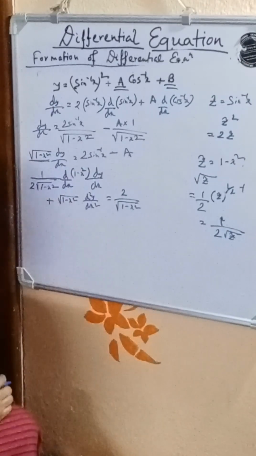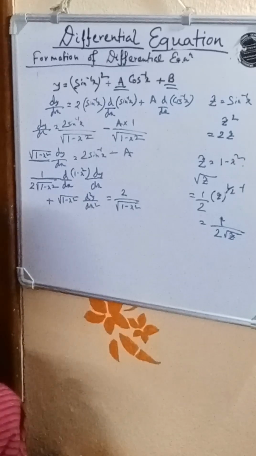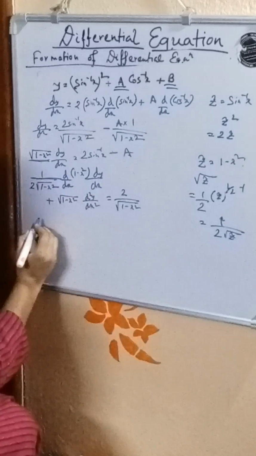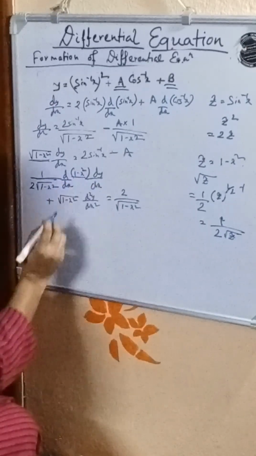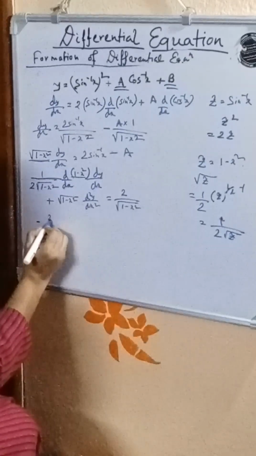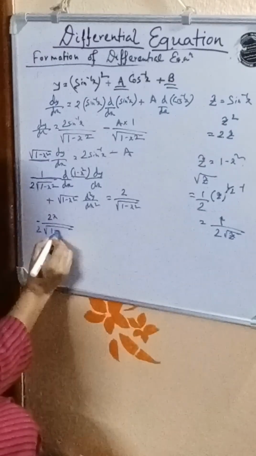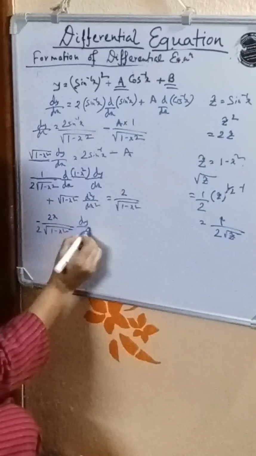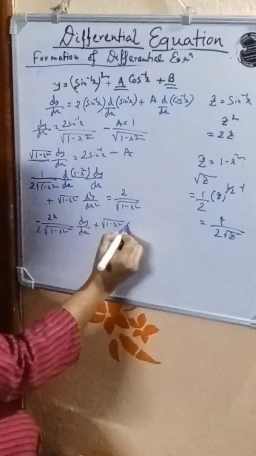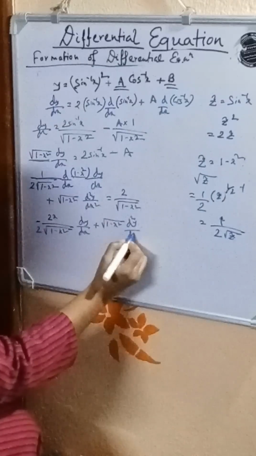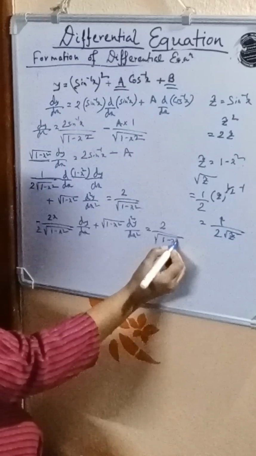The derivative of a is 0. The derivative of 1 minus x square is minus 2x. So minus x by root over 1 minus x square dy/dx plus root over 1 minus x square d2y/dx2 equals 2 by root over 1 minus x square.